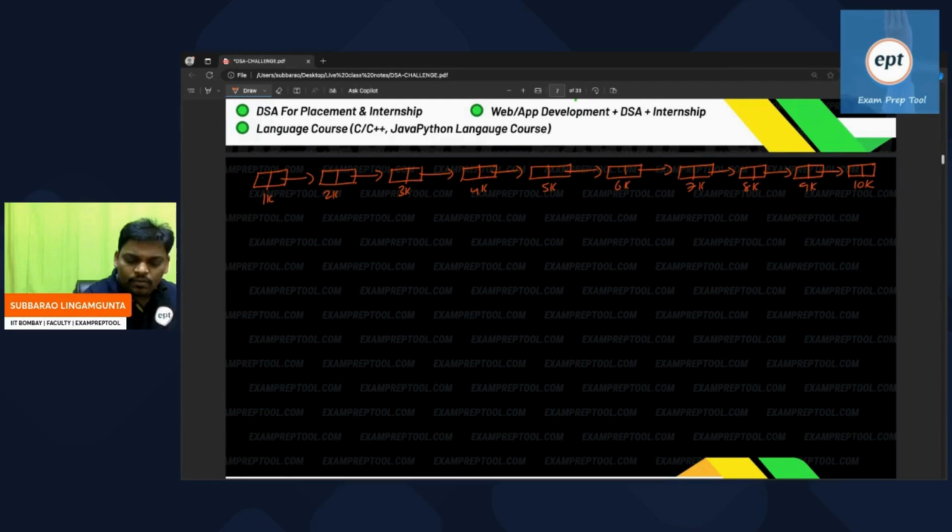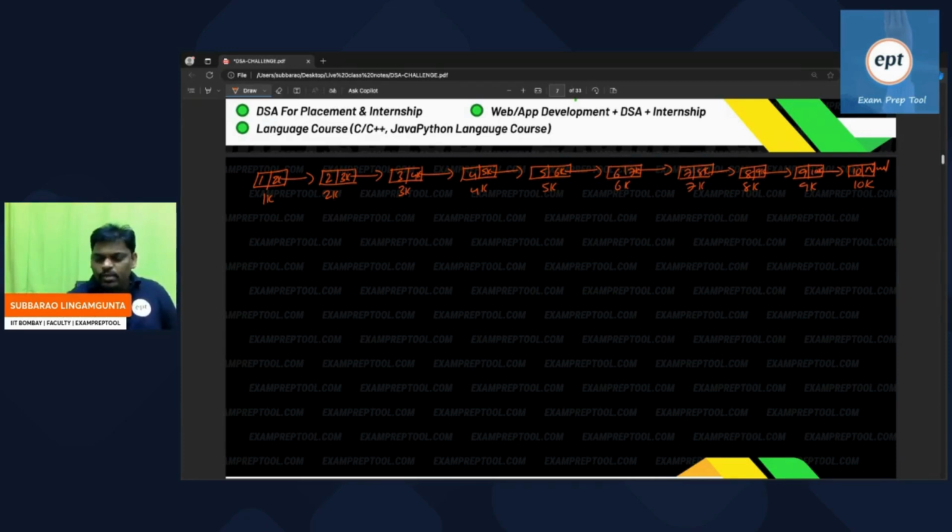Let us assume here it's 1, 2, 3, 4, 5, 6, 7, 8, 9, 10. This is null. Careful everyone. So it is a 2k. You know very well how a linked list looks like. 3k, 4k, 5k, 6k, 7k, 8k, 9k, 10k. Lastly null.